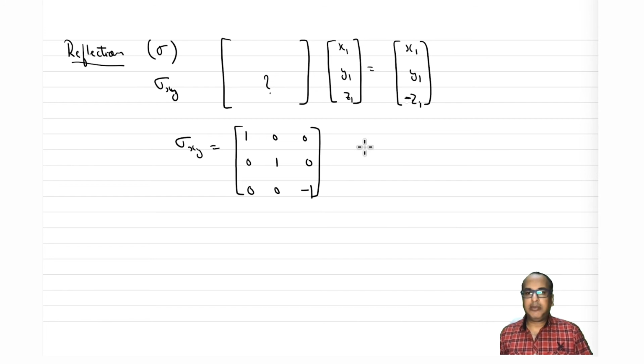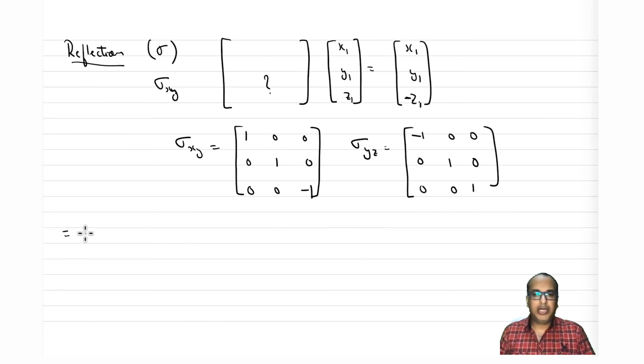Similarly, you can write for sigma yz, this will be minus 1 0 0, 0 1 0, 0 0 1, and for sigma xz, it will be 1 0 0, 0 minus 1 0, 0 0 1, right?